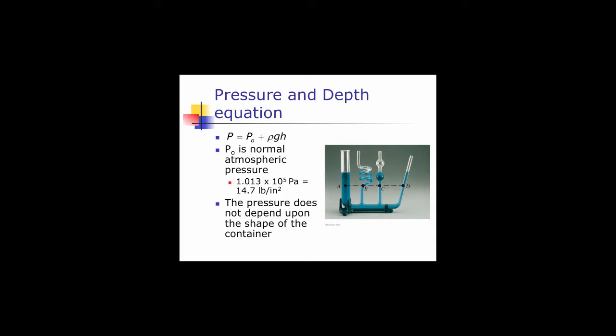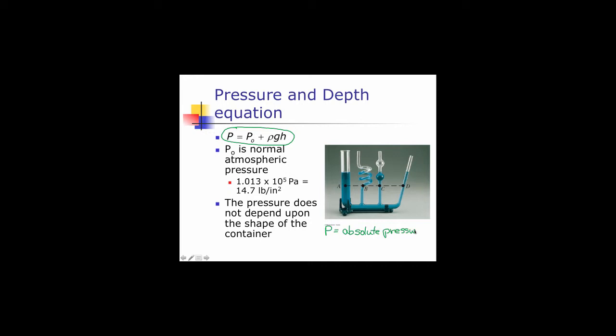Okay, now this is a very important equation. Let me circle that. P sub 0 is atmospheric pressure. P is absolute pressure. And you have to know the difference between absolute and atmospheric and gauge pressure. They are all in pascals, however.